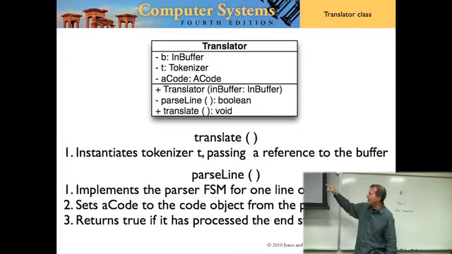Now, how can it set a code to that? Because a code is one of the attributes. So do you see that because it is a translator method, it has access to the attributes of the translator? Does everybody see that? Okay. And then the third thing it does is it returns true if it has processed the end statement, if it gets to the final state.